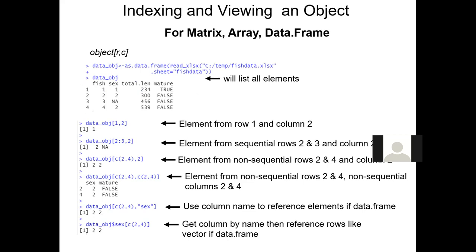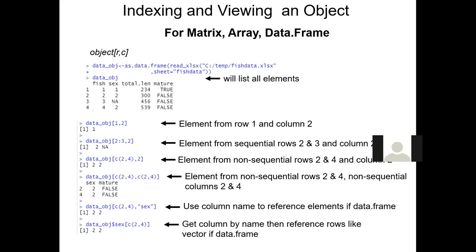Okay. So in this example, I've loaded that fishdata.xlsx file and printed out what it looks like. And so in this case, we will use the same bracket notation, but in the positions in the brackets, the first position to the left of the comma specifies the row that you would like to see, and the number following the comma is the column that you would like to see.